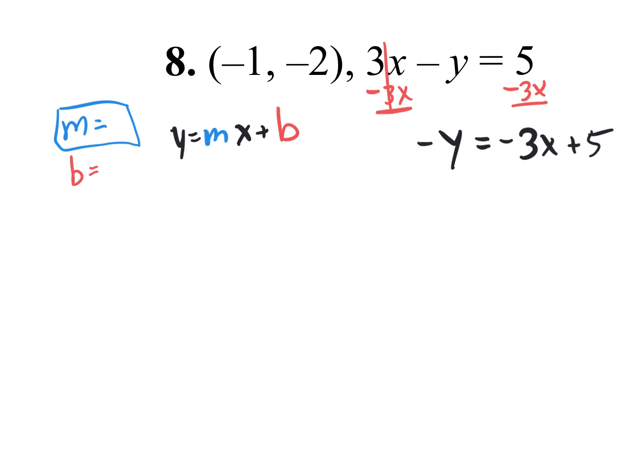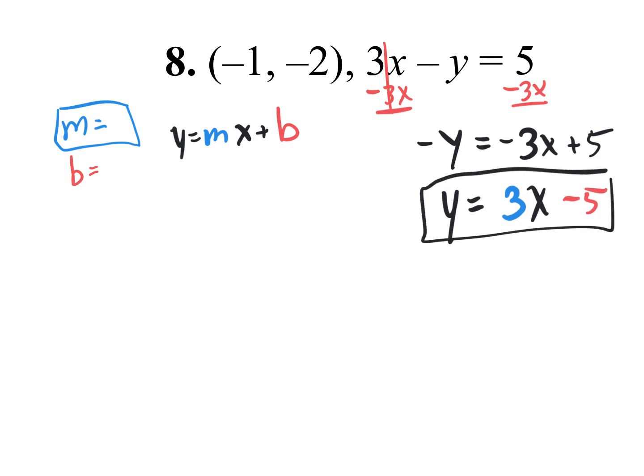So I need to multiply everything by negative 1 or divide everything by negative 1. But the bottom line is I'm going to change all the signs, and it'll become y equals positive 3x with a minus 5. Changing all the signs. So there's my slope-intercept form equation of this original standard form equation, okay?